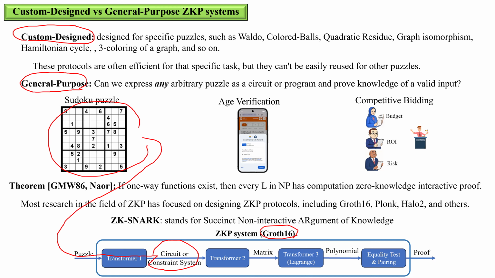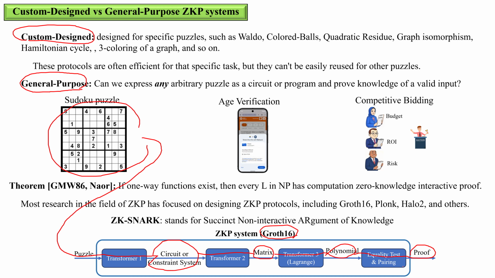Then the prover converts the circuit into a matrix and then generates the polynomial, and then a trusted authority generates SRS. Then the prover generates the commit related to the polynomials and sends it to the public. Then the public verifies the pairing and ensures that the answer is correct, right? So this is a general-purpose system.